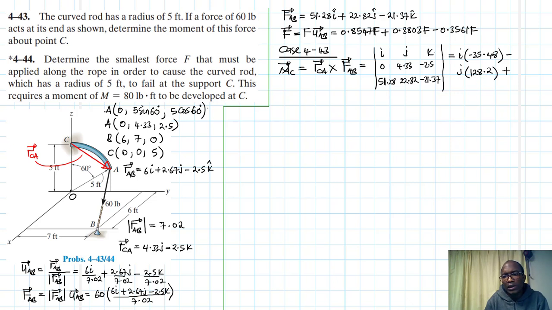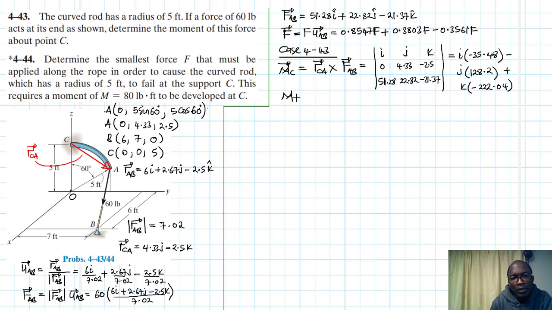All right, then plus k, k is 0 minus 51.28 by 4.33. So we get a minus 222.04.